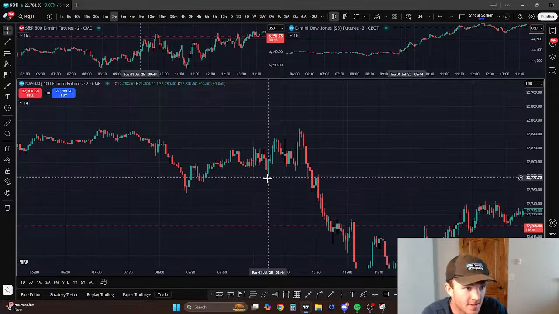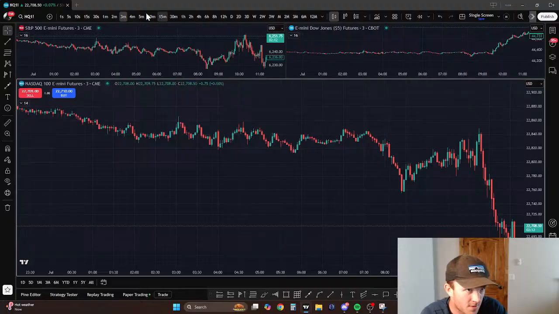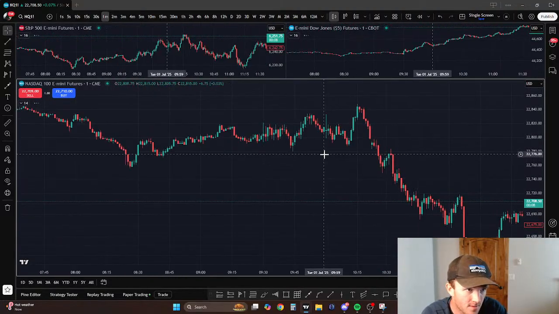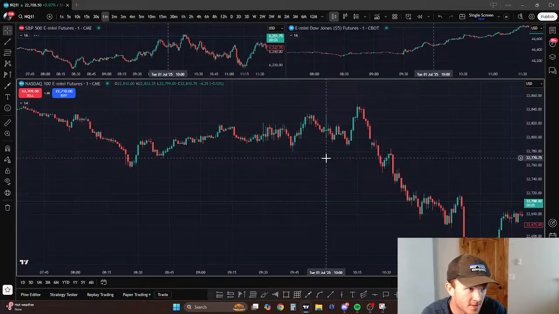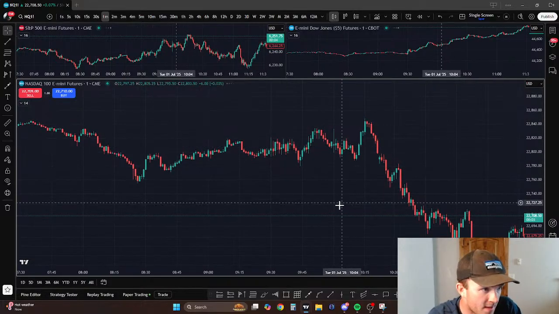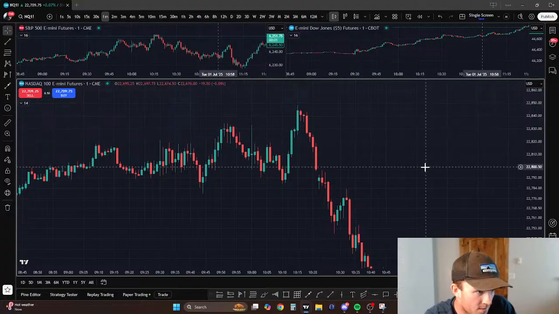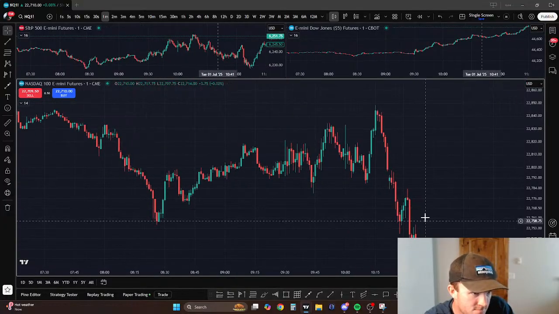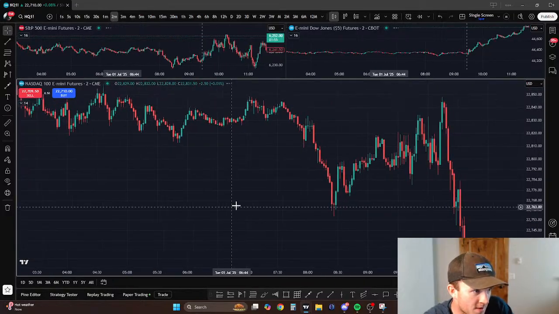Yeah, this is a nice 2022 gap here, actually. We break this low. I like this. We break this low with this placement. Like on the 2-minute, it looks the best.